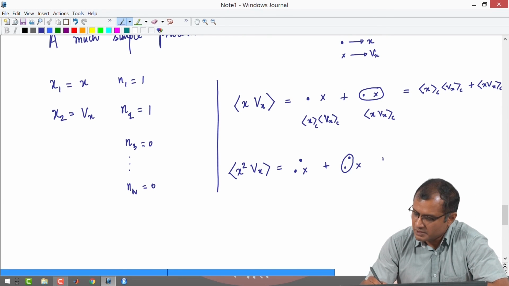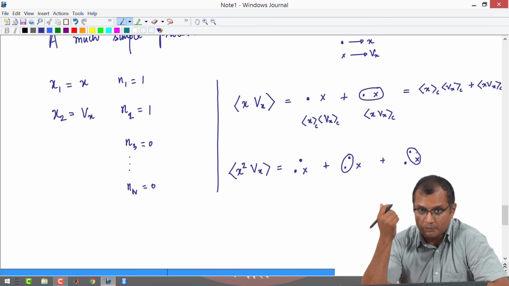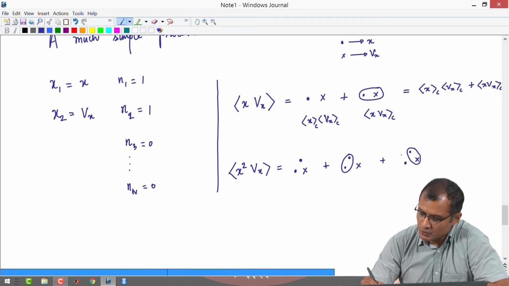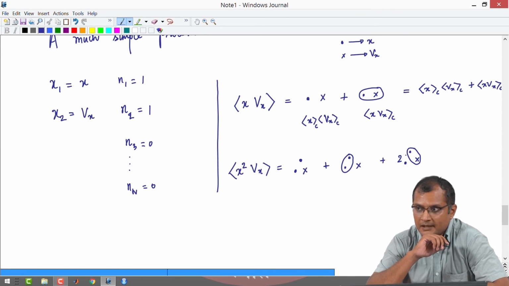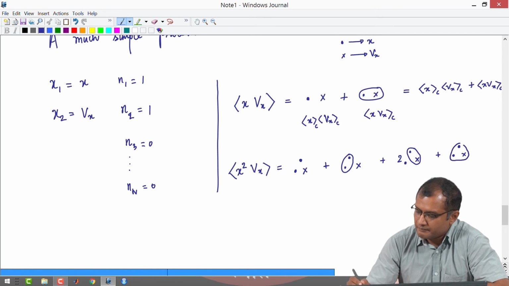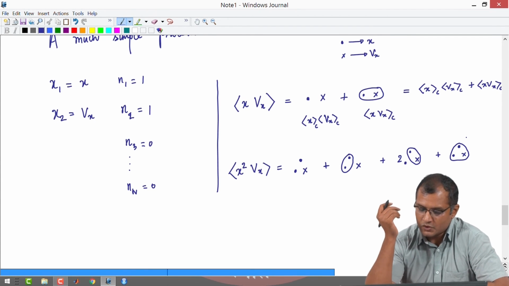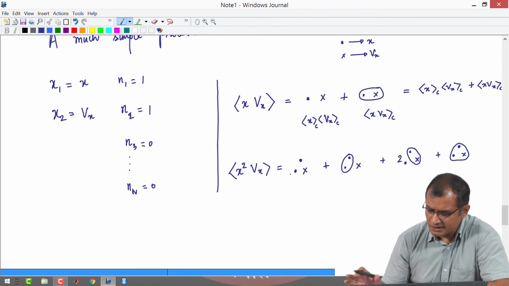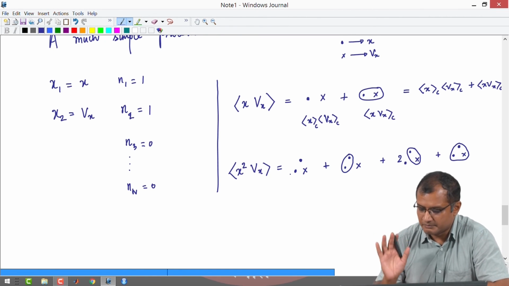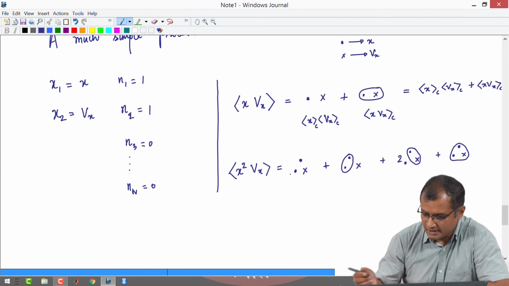Another way is to connect a dot and the cross and leave the other dot alone. You can do it in two ways. And finally you can connect all of them. No more cases. When you connect all of them, that closes the full set of possible combinations.